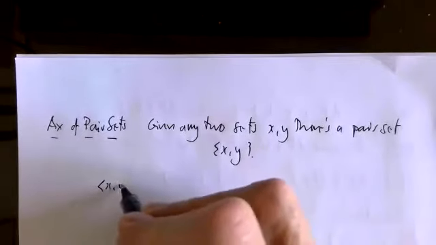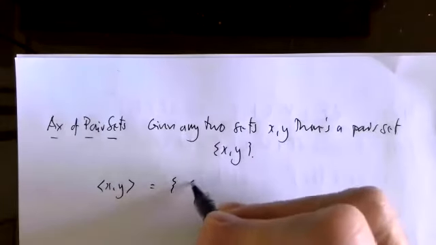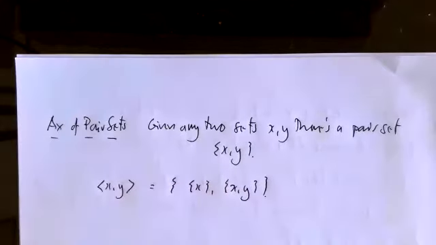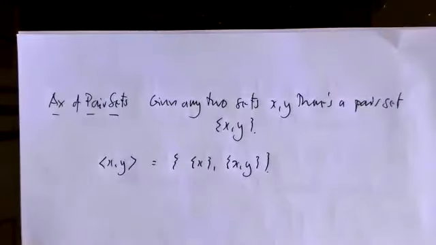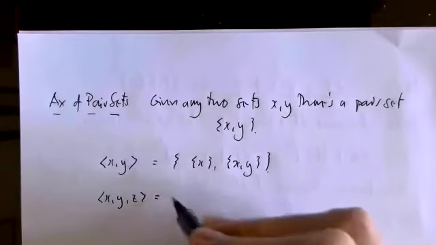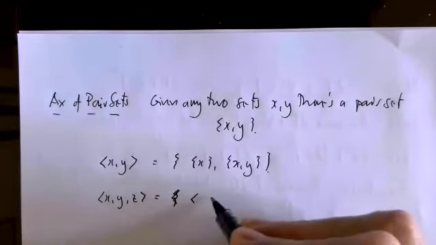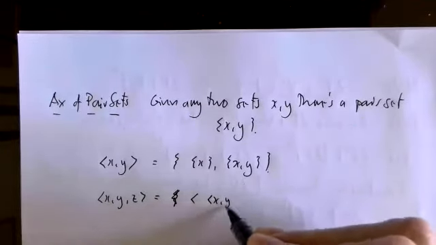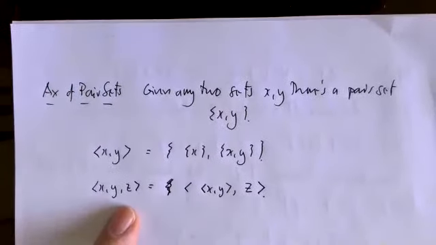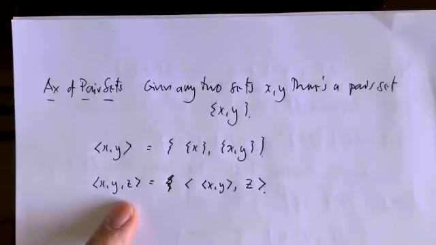The question then continued, you were supposed to give the definition of an ordered pair. This is the ordered pair. Then an ordered triple is again an ordered pair: the first thing is the ordered pair of X and Y, and the second thing is the third element.